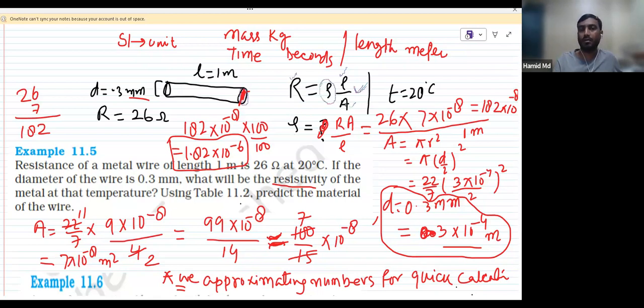So this R will be multiplied with A and this L will come down. In the numerator we are left with R into A, and in the denominator L. R is already given as 26 ohm, and the length is already given as 1 meter. What we have to calculate is the area. Clear till this point?